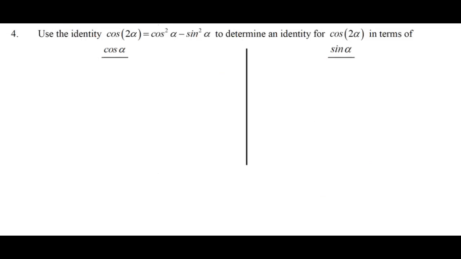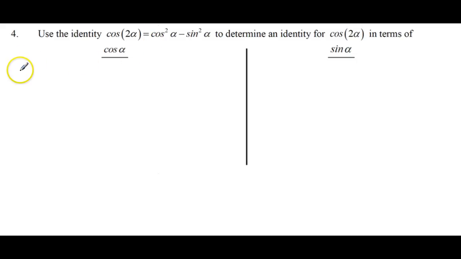Number 4. Use the identity cos 2 alpha is equal to cos squared alpha minus sine squared alpha to determine an identity for cos 2 alpha in terms of cos alpha first, and then in terms of sine alpha. Okay, so we're given cos 2 alpha is cos squared minus sine squared, and what I want to have is just cosine.